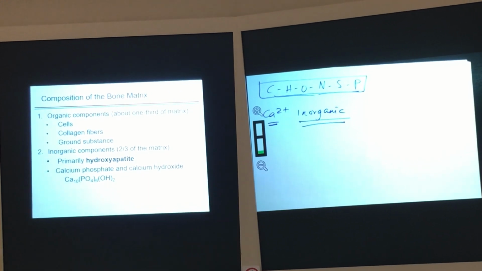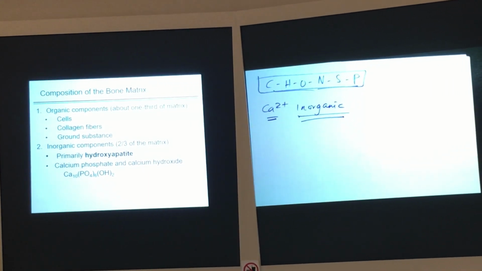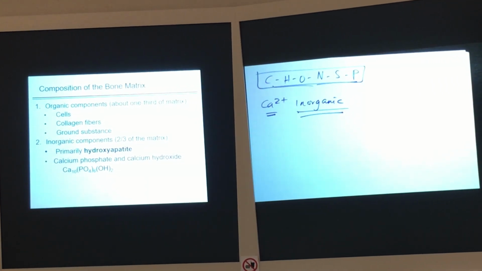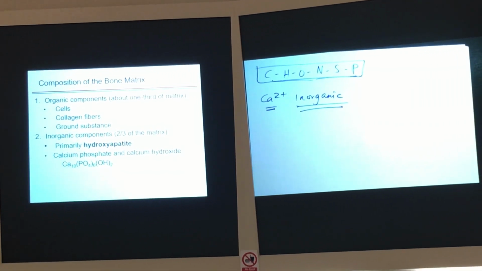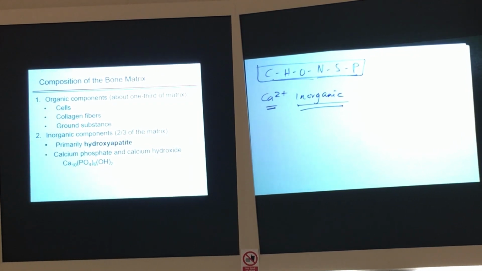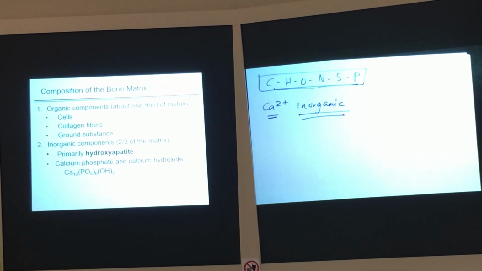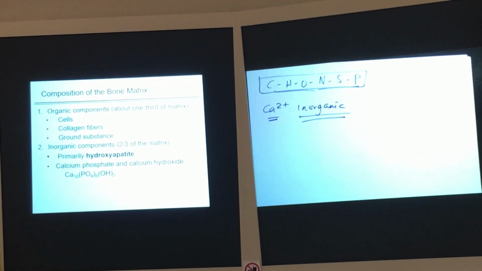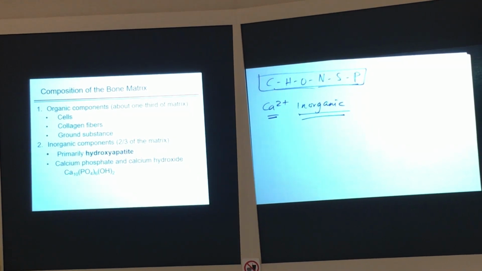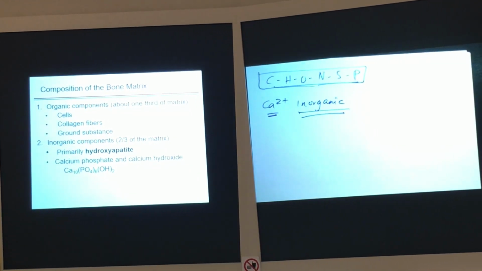So, if you see the cell, collagen fibers, they have carbon, hydrogen, and ground substance, which is the glue that holds the tissue. The inorganic component are calcium, phosphate, and hydroxy. So this is what's called hydroxyapatite. Okay? This is what you find in the bone.